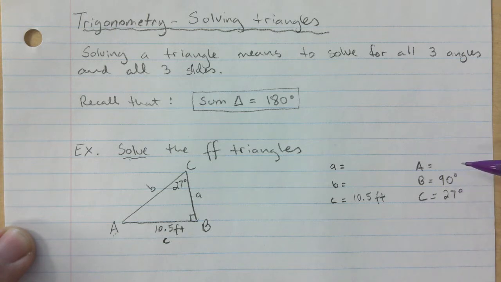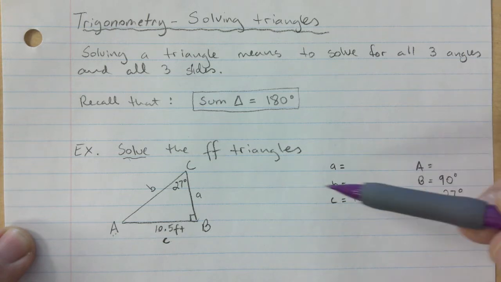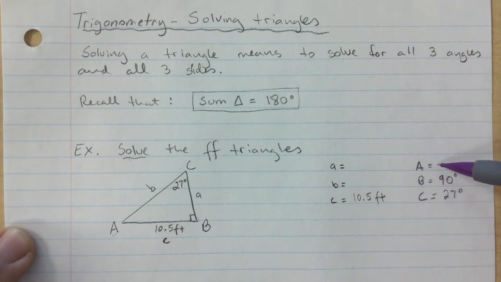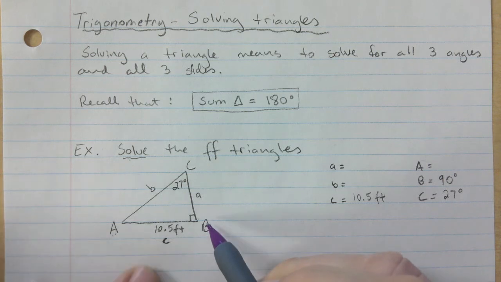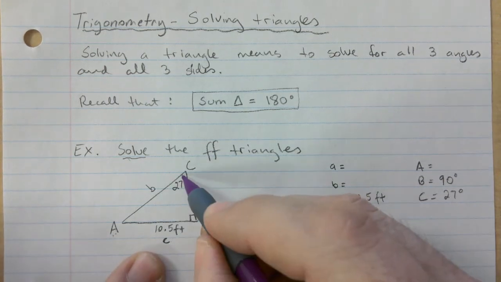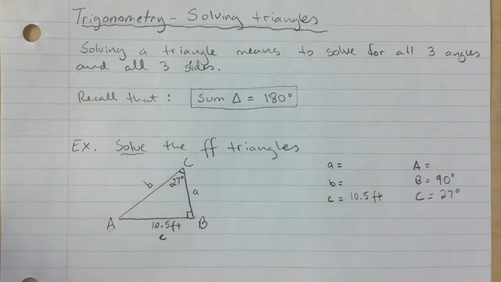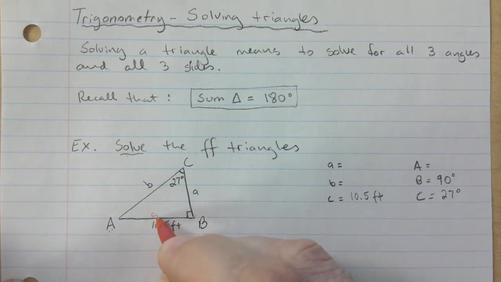So right now we have three things that we still need to figure out. So what I will do first is this. Let's label the sides. If this is the angle that they're giving you, we're going to label opposite. I'm going to use a different color so it sticks out. This side is the opposite side, right?